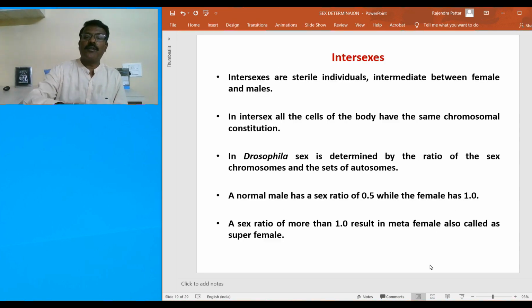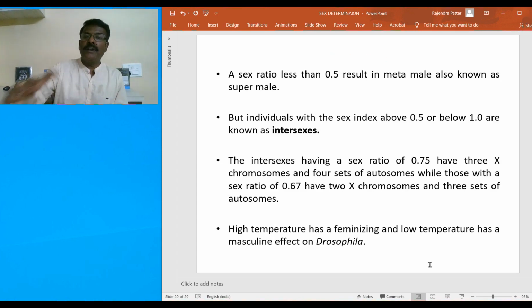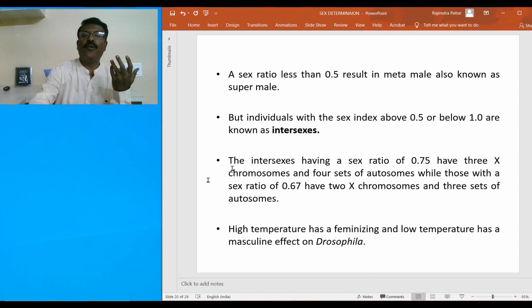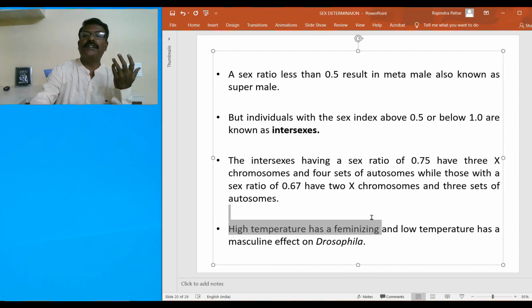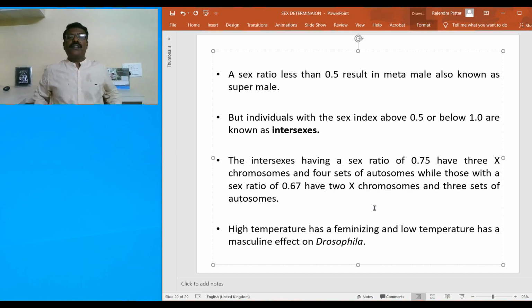But this is not a normal phenomenon, and intersexes, I do not want to repeat it again. I have made it very clear in the previous slide table. Please refer to it. Once again, briefly, I want to cover only this second point. This second point tells you that the sex ratio for the intersexes could be either 0.75 or 0.67. It is 0.75 because of a zygote containing 3 X chromosomes and 4 sets of autosomes.